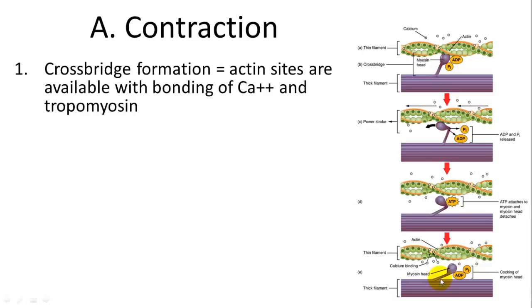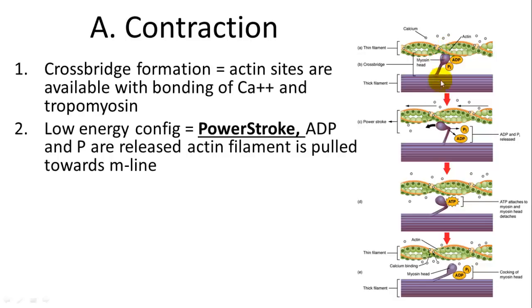So there are a few positions that are formed. The first one is the cross bridge formation, where because the troponin and tropomyosin is moved out of the way, that binding site is exposed and binding occurs. The power stroke then occurs.